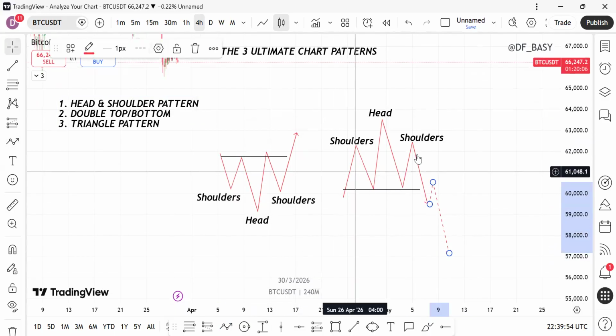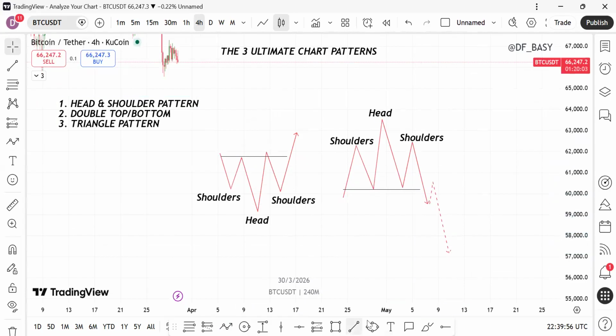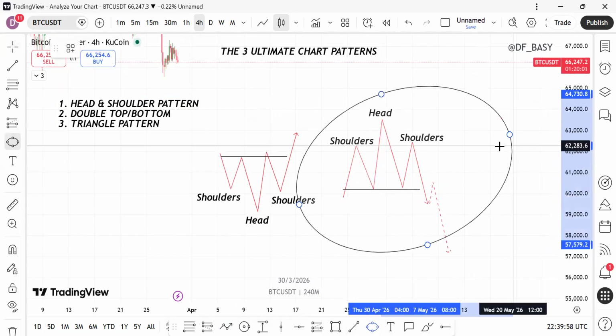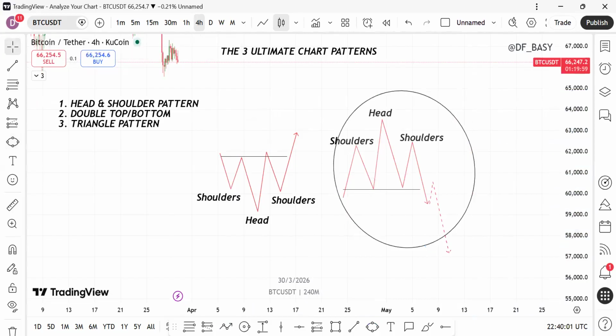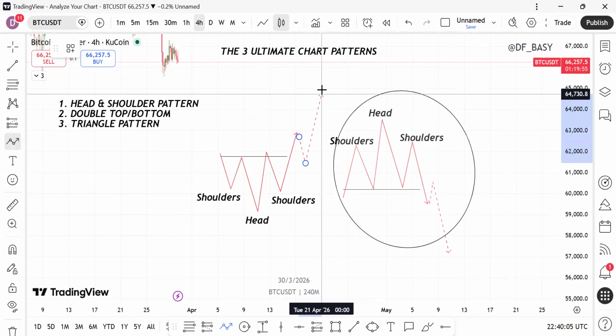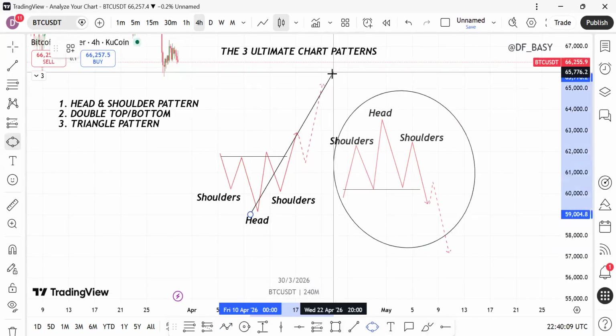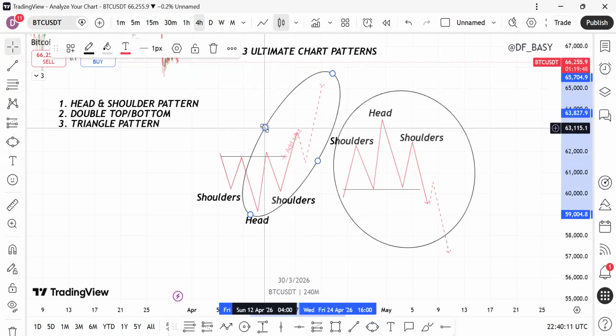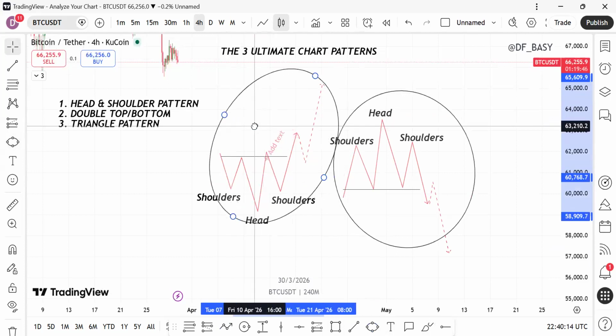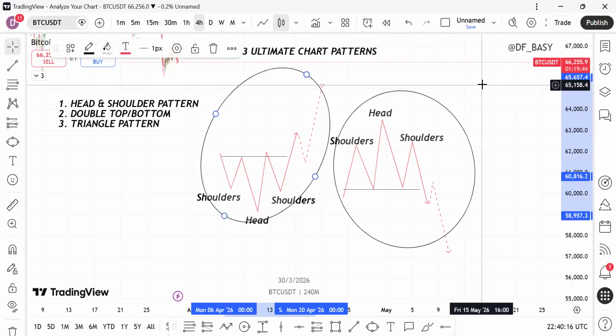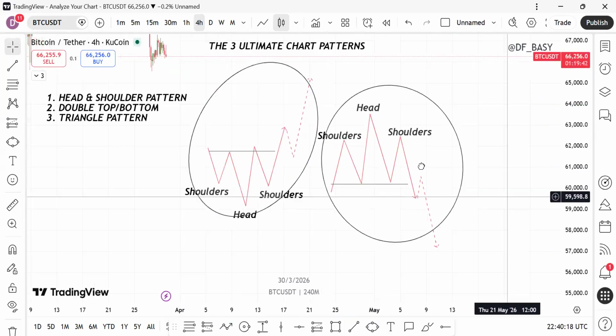For this particular scenario here, they'll sell. Then for this scenario, they'll be looking for a buy at the neckline, and then they take a buy position over here, right? So this is the head and shoulder pattern.